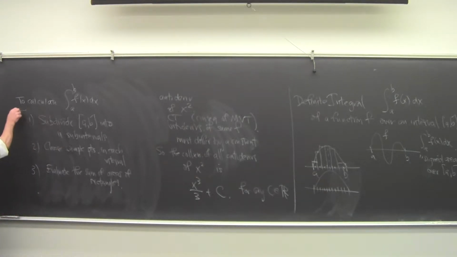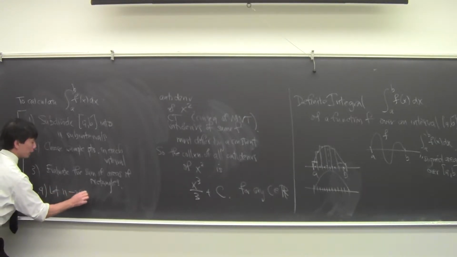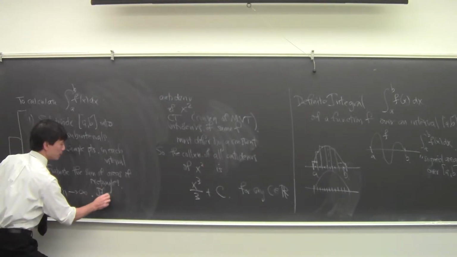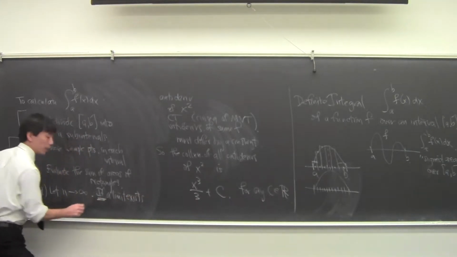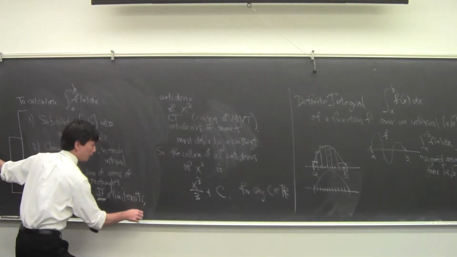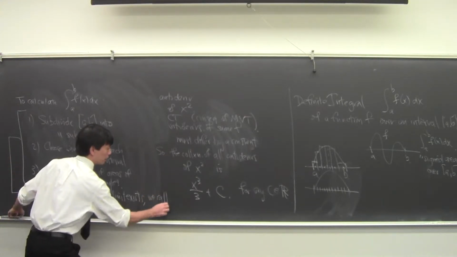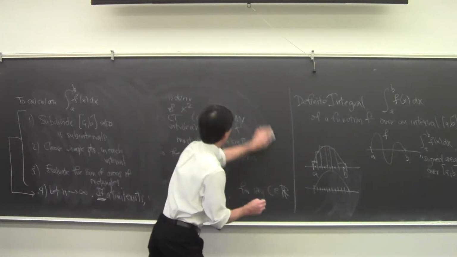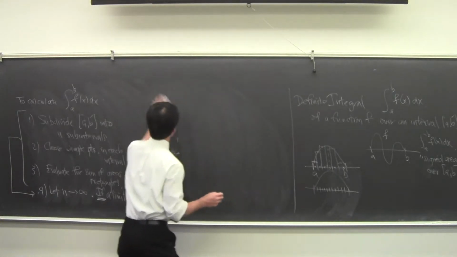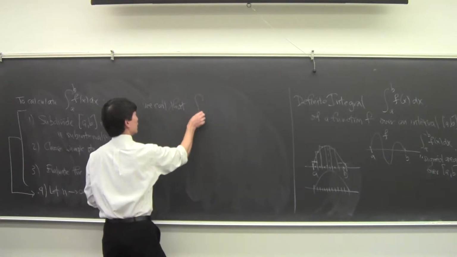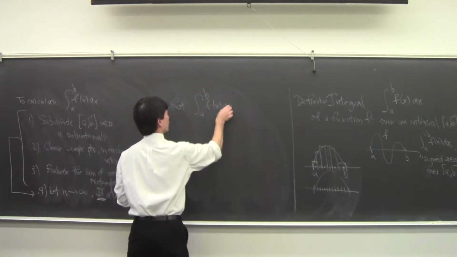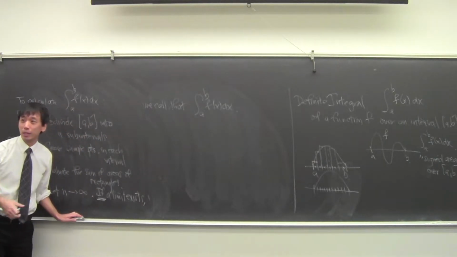And then you let n go to infinity, if a limit exists. If a limit exists, and that's not guaranteed, we call that thing the definite integral.